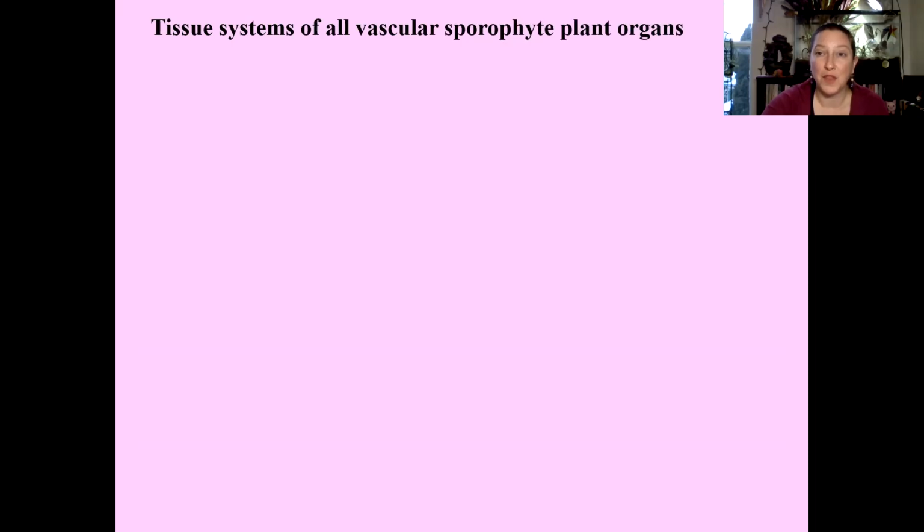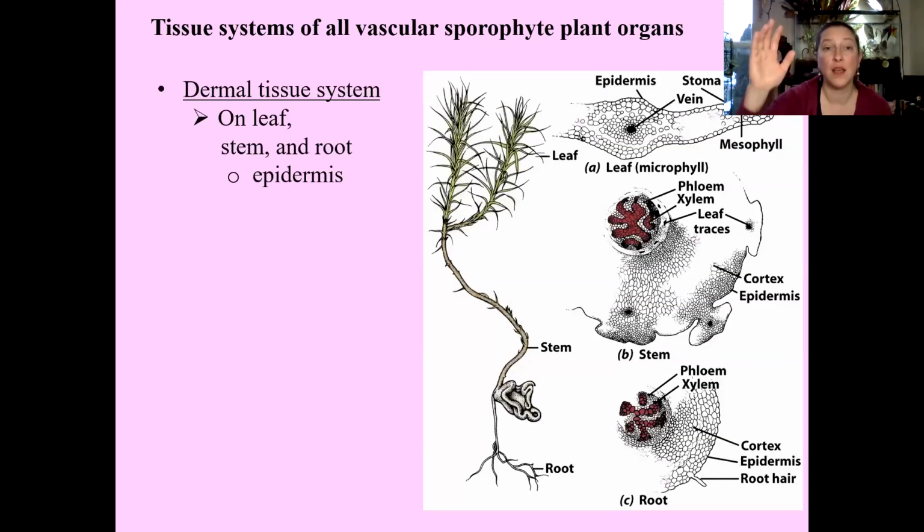So the tissue systems are going to make up the organs of the plants. That's how they're related. So if you're talking about the dermal tissue system, the dermal tissue system is going to be present on all parts of the plant. So you could think of it as the skin.